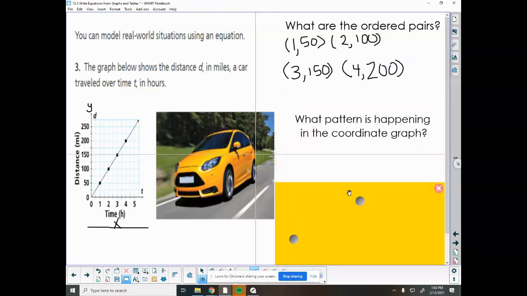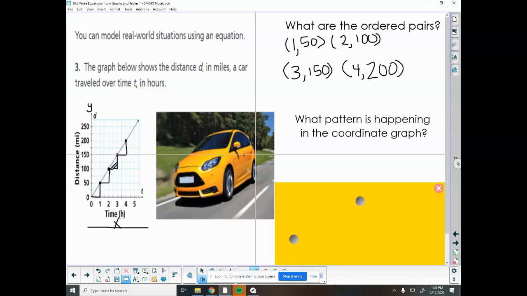So what kind of patterns are you noticing here? Some things I notice is every time I drive 1 hour, it takes me 50 miles. 1 hour, 50 miles. 1 more hour, 50 miles.